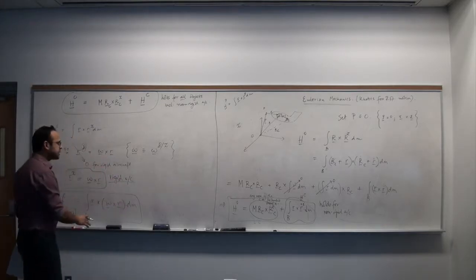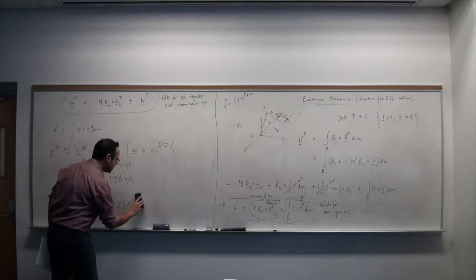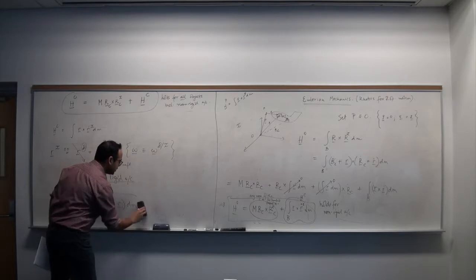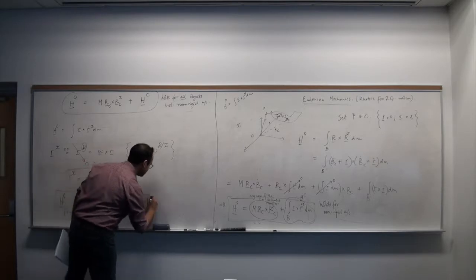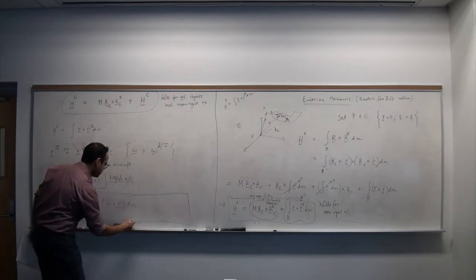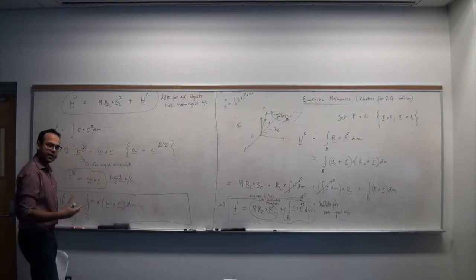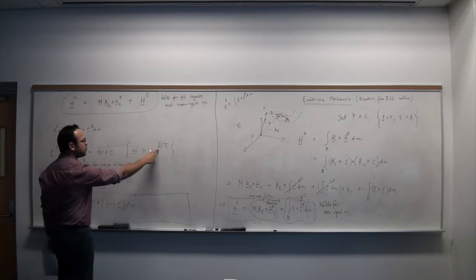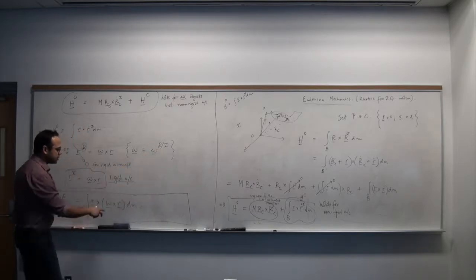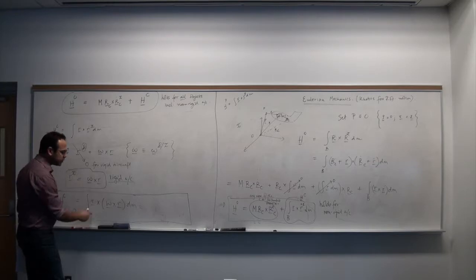So we do some tricks here. To make it more palatable to implementation, I can flip this around so I can pull out omega. Omega is the rate of rotation of the body frame with respect to the inertial frame, so it won't change as you integrate over the body. So we want to pull it out, either to the right or to the left.